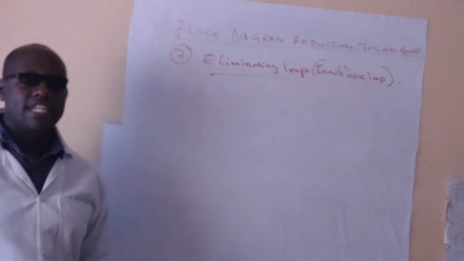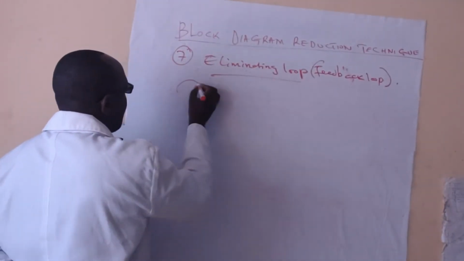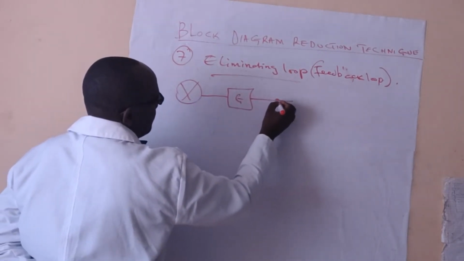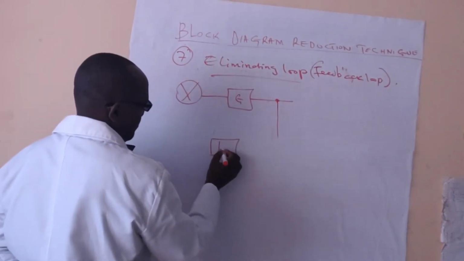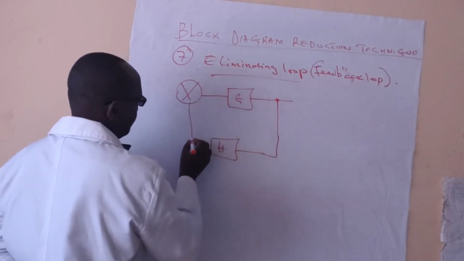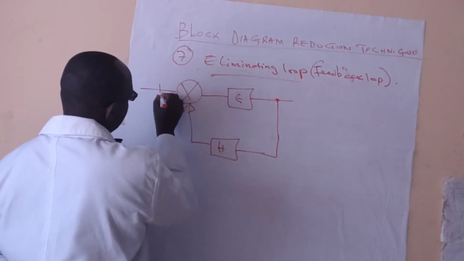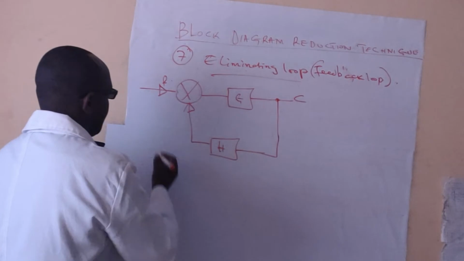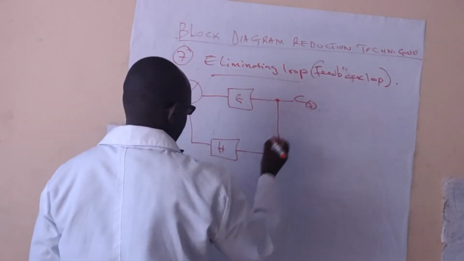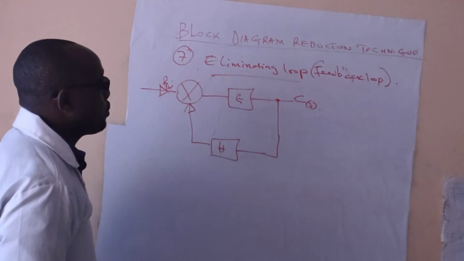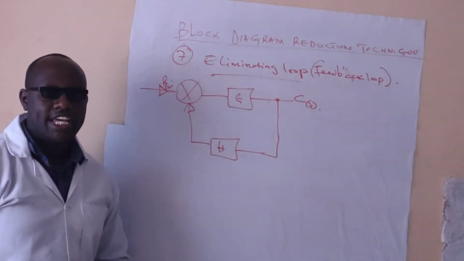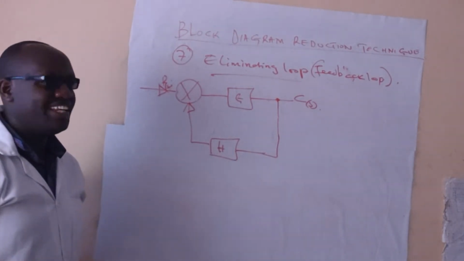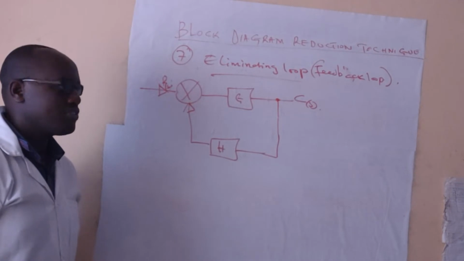How do we eliminate it? For example, when we have a closed loop system like this, G1, and that one C. How do we eliminate the loop? We use the formula that we derived in previous lessons.